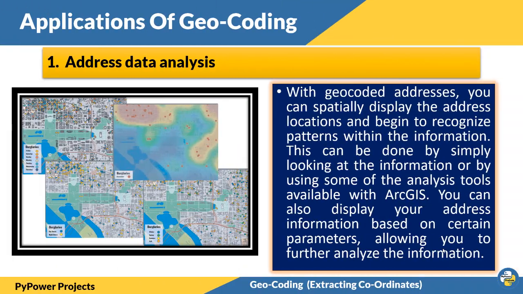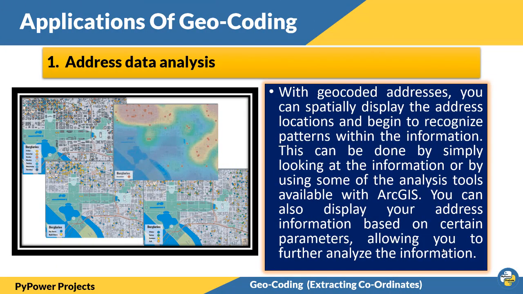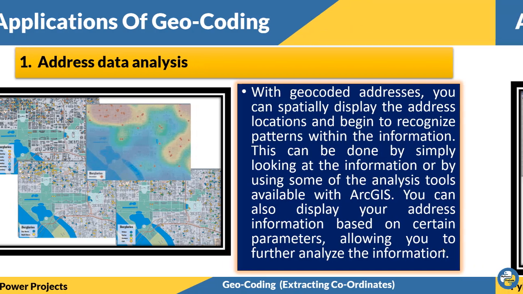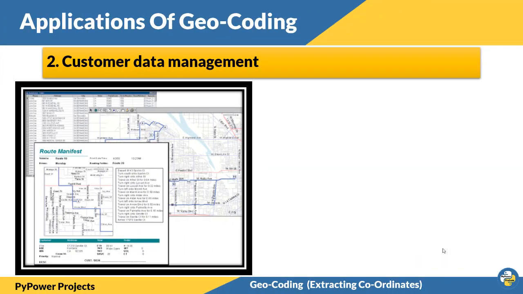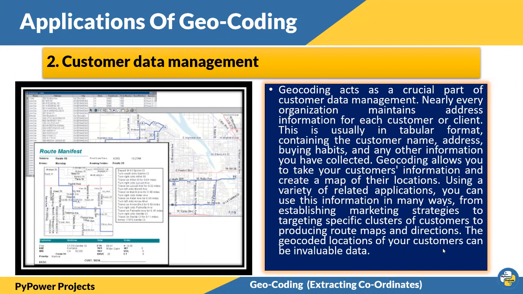What are the applications of geocoding? We can have address data analysis. When we have a bunch of addresses, we can mark them on Google Maps and extract information that may not be visible from a bunch of addresses. Another application is customer data management. If I have a bunch of customer addresses, I can analyze in which area I could open a new shop or branch, which helps in making decisions for future outcomes.